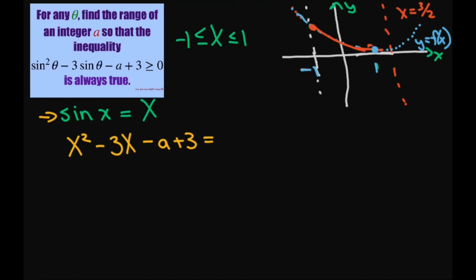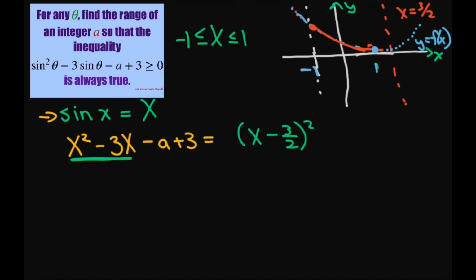So now I'm going to take this and complete the square. If I complete the square, I'm going to take x minus half of this, which is 3/2, and square it.